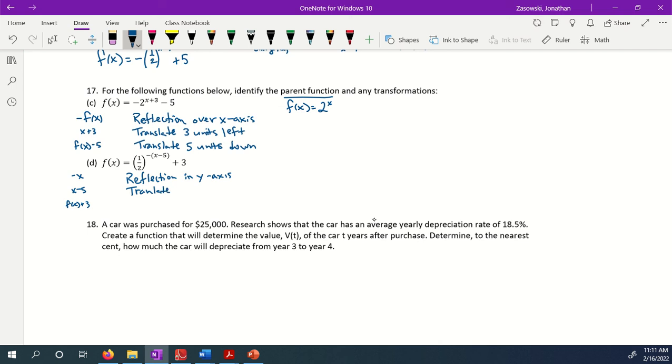Since it's minus 5, you would think it goes to the left, but it actually moves to the right. And then the plus 3 on the end means we are also translating 3 units, and it is what it seems, it's up.